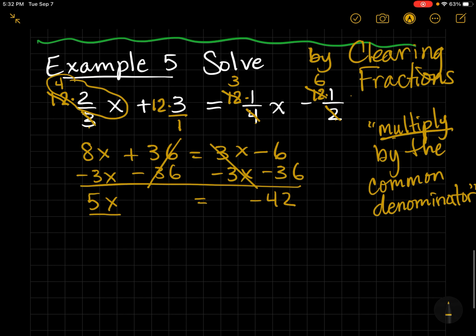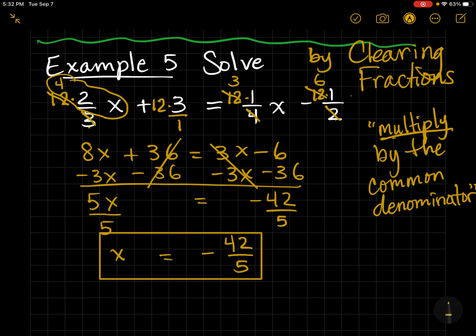And now I'm going to divide both sides by 5. And x equals negative 42 over 5. Can that be reduced? Nope. No common terms. All done. Remember, we don't want mixed numbers and we don't want decimals.